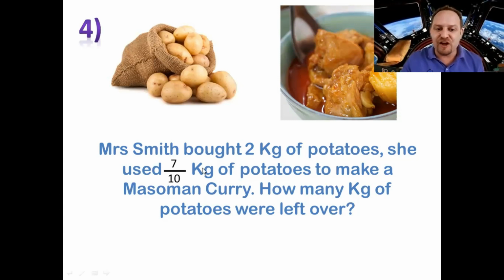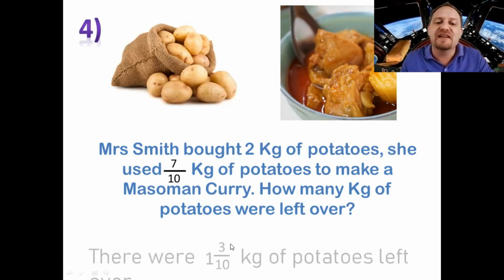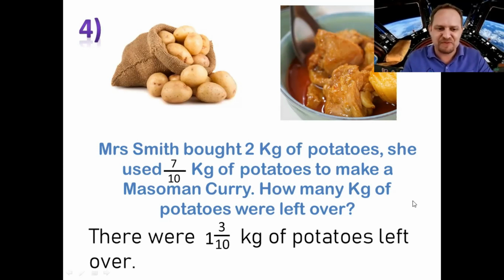If you look at the first fraction, you can see 7/10. 10 is the denominator. That means you could turn the whole number 2 into 1 10/10, and then subtract 7/10, and you would be left with 1 3/10. So the answer could be: there were 1 3/10 kilograms of potatoes left over.